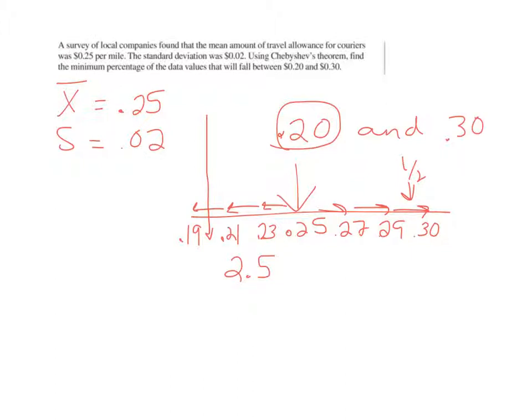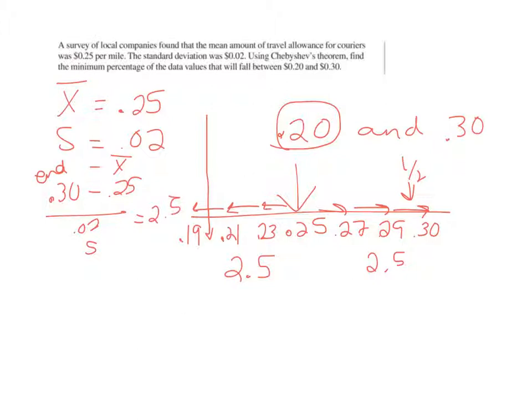So I'm at 2.5. Now I could figure that out mathematically by taking either 20 or 30, one of the endpoints, minus the mean, divided by the standard deviation, and that would give me 2.5.